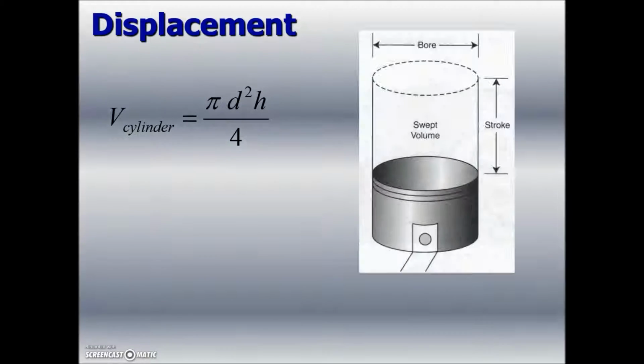As an application, if we have a cylinder here, we have a bore, which is the term used for the diameter of this cylinder. The height is the distance of the stroke. Using the formula, area of the circle, pi diameter squared divided by 4, times the distance between those two parallel bases, which is a circle in a cylinder, we have our height.